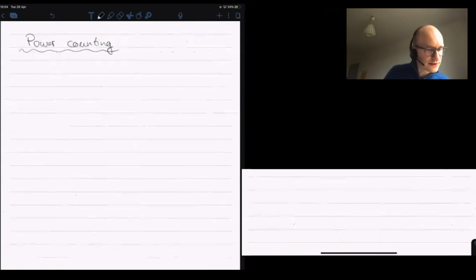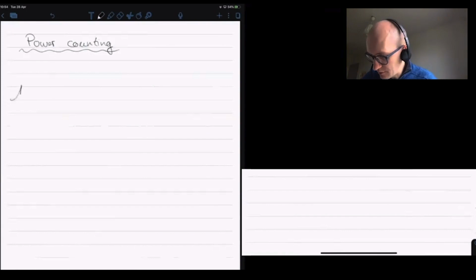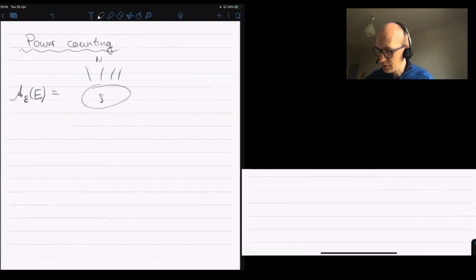So, okay, let's count powers for graviton amplitudes. So we now do something like we did previously. We have curly E number of external particles, which are now gravitons, and this is going to be some process from n alpha here to n beta over there.